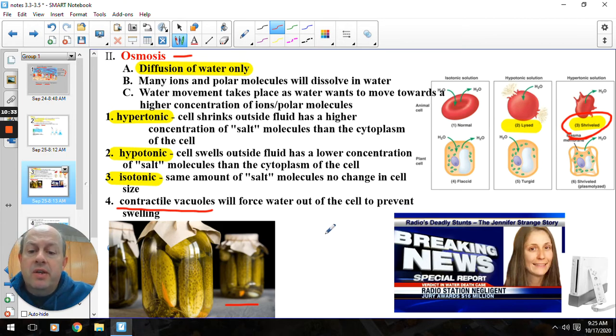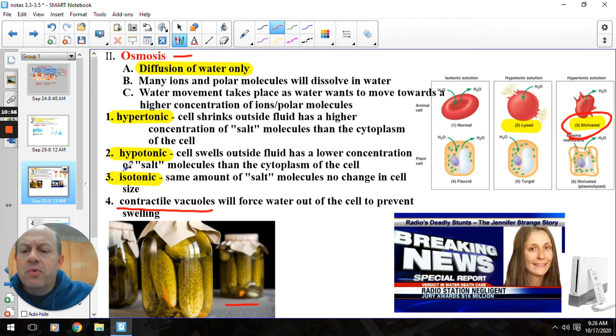That's what the contractile vacuoles do. They squeeze out that excess water back into the environment. It's kind of like a sump pump in your basement. When it rains and water gets in your basement, the sump pump will help push that water back out. So this contractile vacuole will help push the water back out of the cell for these freshwater protists that live in a hypotonic solution.